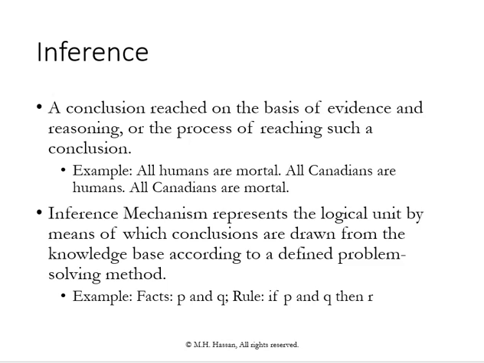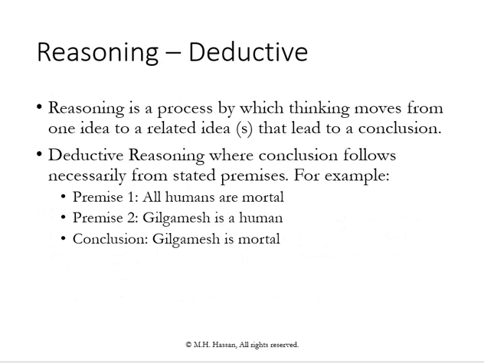Inference mechanism represents the logical unit by means of which conclusions are drawn from the knowledge base according to a defined problem-solving method. Example: the facts P and Q, the rule of P and Q, and so on. Reasoning could be deductive.